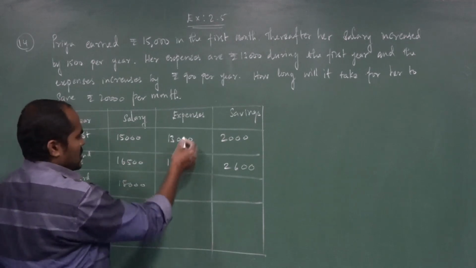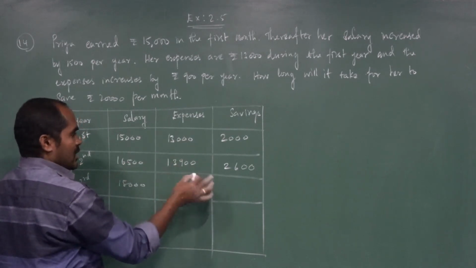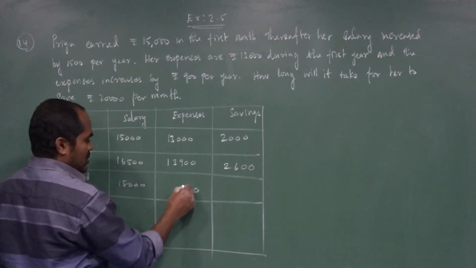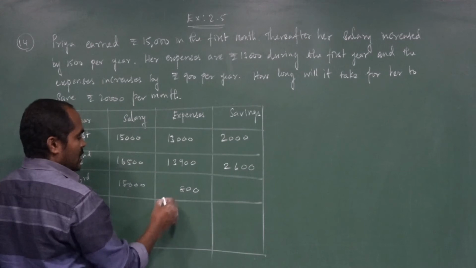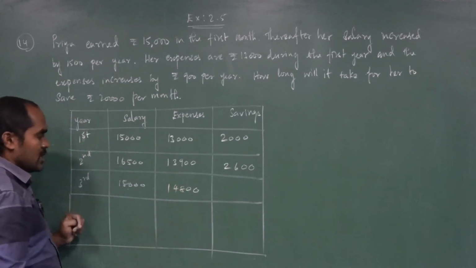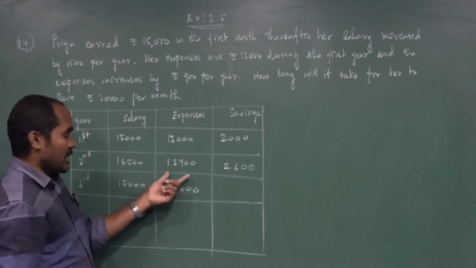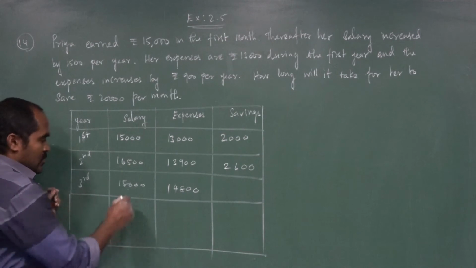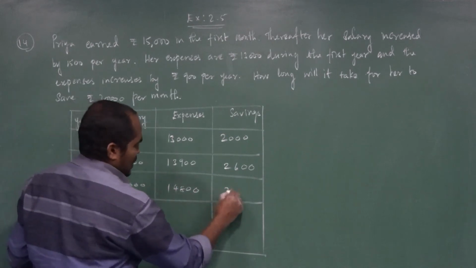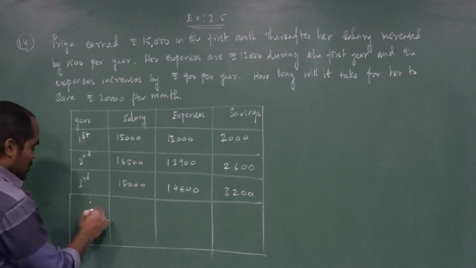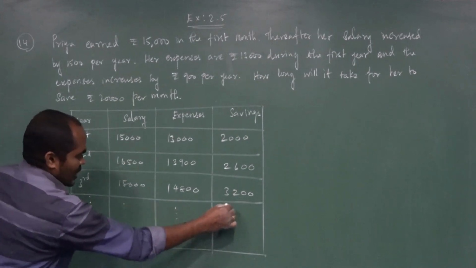So expenses also increase, 13,900 plus 900, we get 14,800. So 14,800 expenditure in the third year. So the difference is 3,200. So this process is going on the same way.